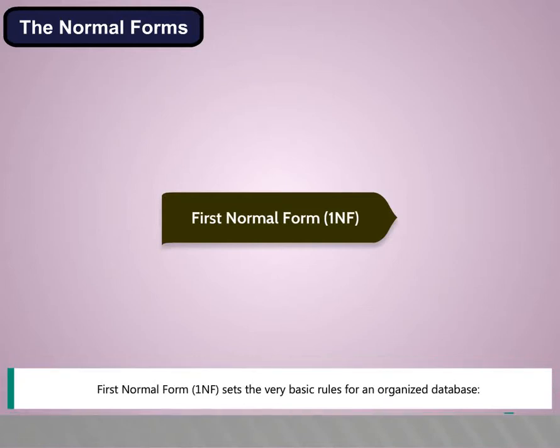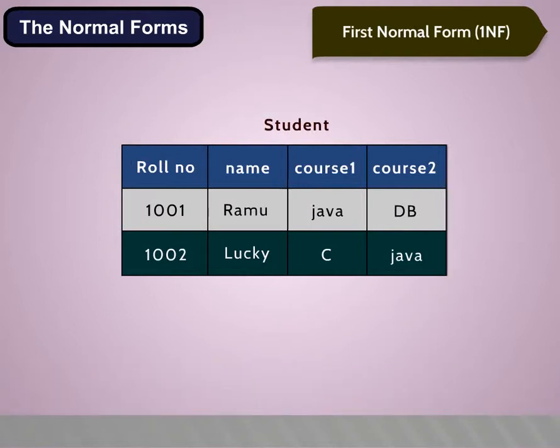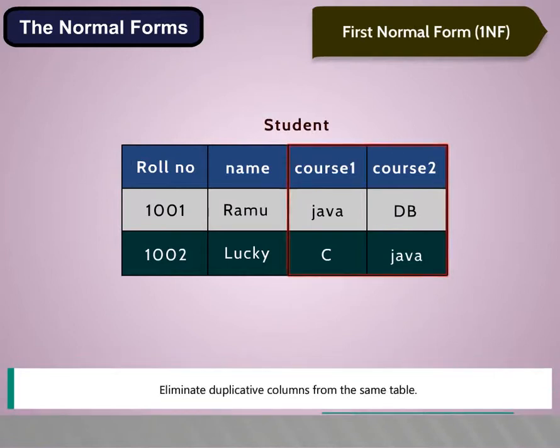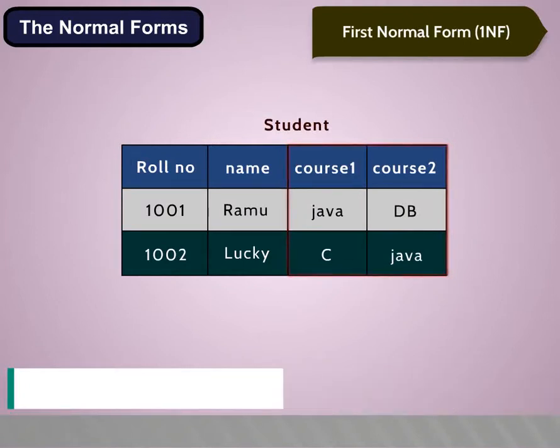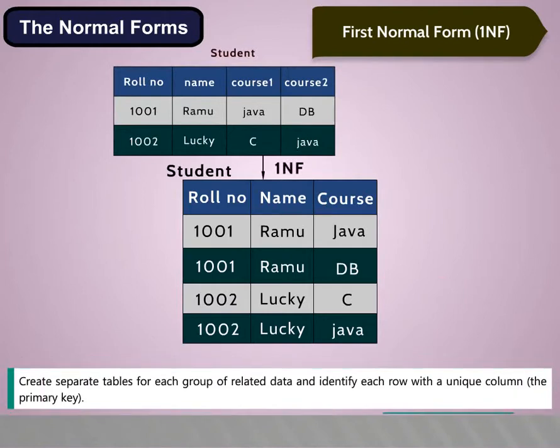First normal form, 1NF, sets the very basic rules for an organized database. Eliminate duplicative columns from the same table. Create separate tables for each group of related data and identify each row with a unique column, that is a primary key.